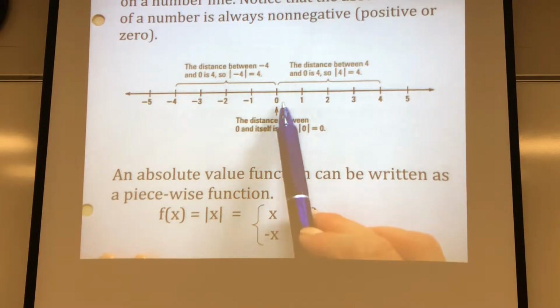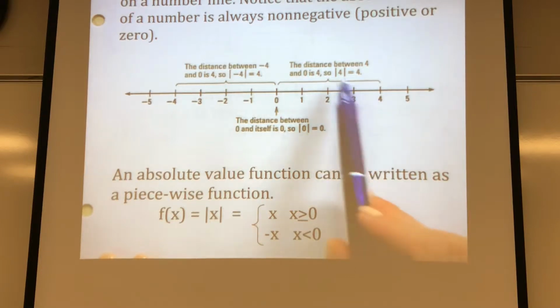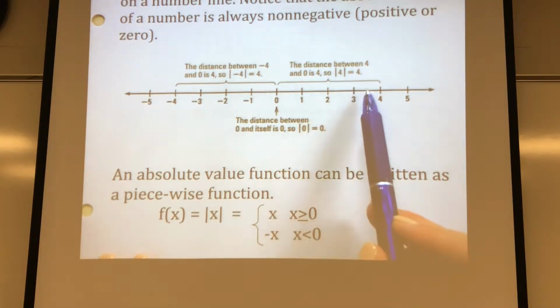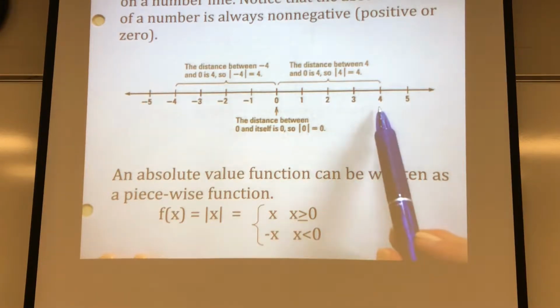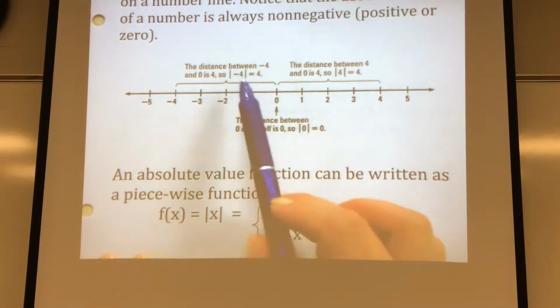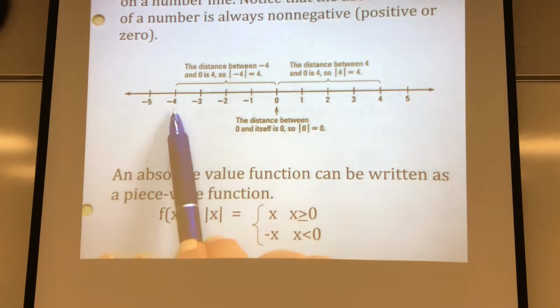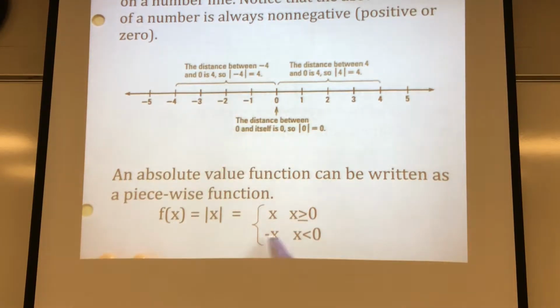Okay, so for instance, if we're trying to do 4, it's 4 when it's greater than 0, but if we put a negative 4 in, it still becomes 4, so we take the opposite of it. So we put a negative 4 in here, it's less than 0, that means we would take the opposite of negative 4, and it would still be 4. Okay, so we can write that as a piecewise function.